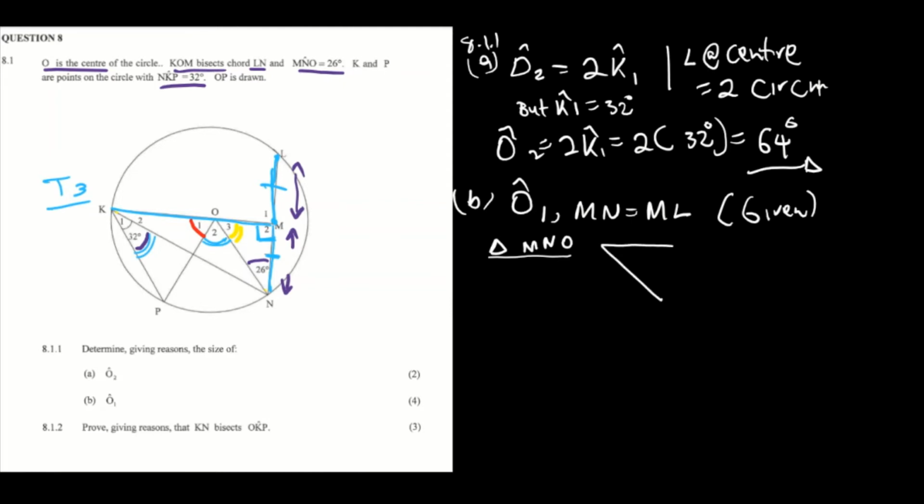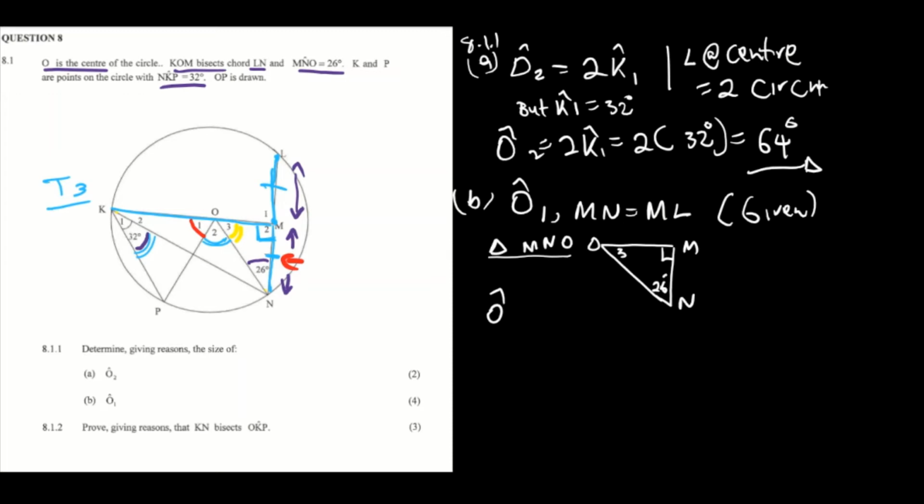It looks something like that, where this is the 90 degrees, and this is M, and this is N, and this is O, right? We already know the 90 degrees, already know that here is 26 degrees, so I'm just looking at this one here. So we can easily find angle O3.